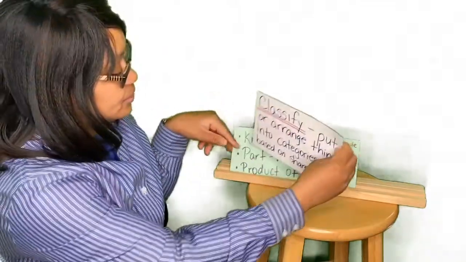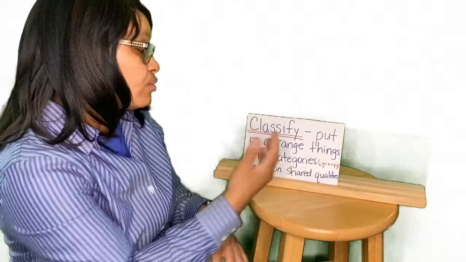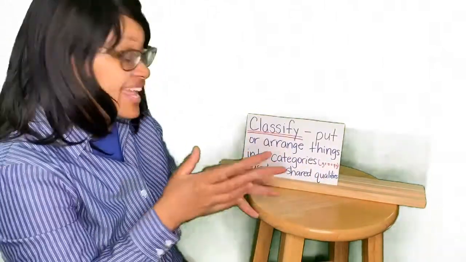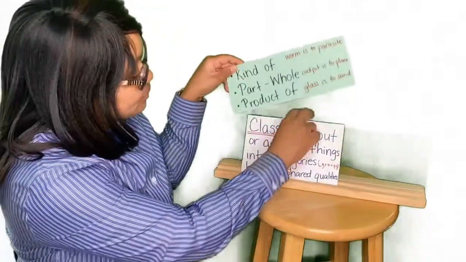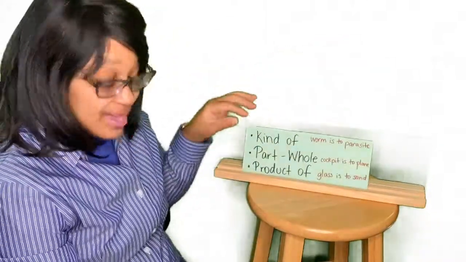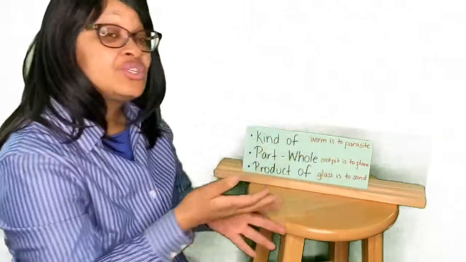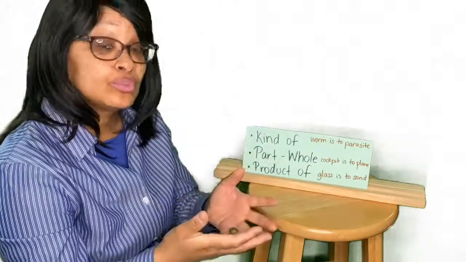So in other words, when you are classifying, you're putting or arranging things into categories or groups based on some shared qualities. So if you're doing classification by kind of, then you could say a worm is to a parasite. So it's in that family or that group.